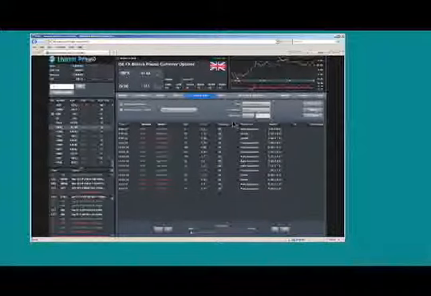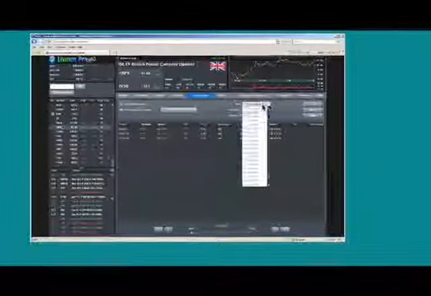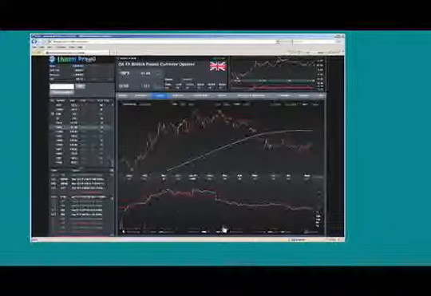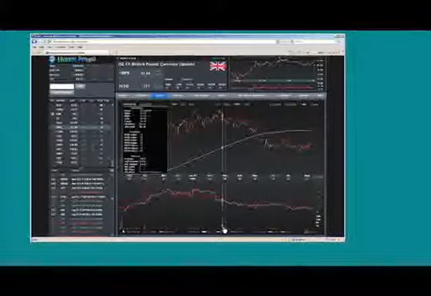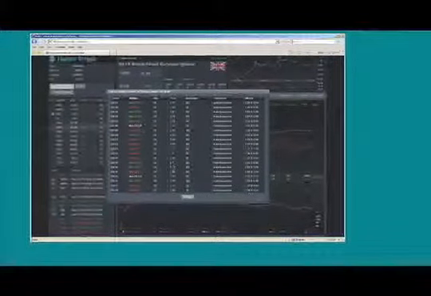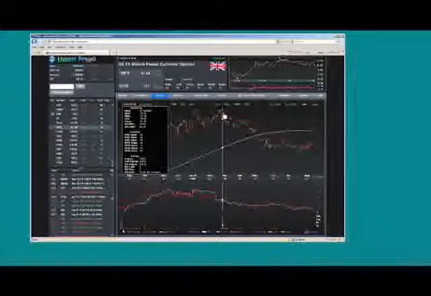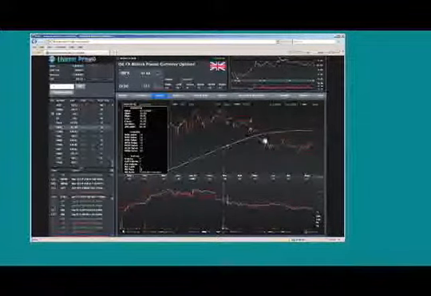Oh, it looks like we're missing March 16th. But if you look right here, you can see most of the bets people are making are selling calls and buying puts. At this point, if you were following what people are doing, they're basically betting that the dollar was going to start depreciating against the British pound.